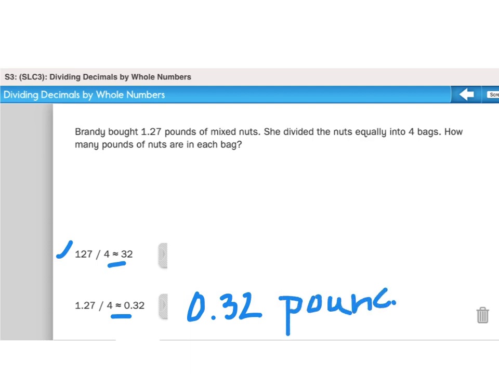So that's just a little bit different way of doing it. We just rounded up our answer because we ended up with a remainder with that one. And it's hard to do partial quotient division with remainders and using decimals. So that's why in this instance, we just rounded it and made it a whole number. And so then we said it's about 32 hundredths of a pound instead of saying it's actually equal to.